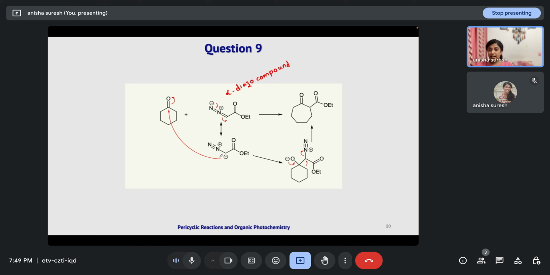So this negative charge can add on to this ketone of the cyclohexanone, resulting in the formation of this species. Now what will happen? This O minus, once it is falling here, this bond will be breaking and it will shift to this position and this nitrogen will get removed, leading to formation of this final species.